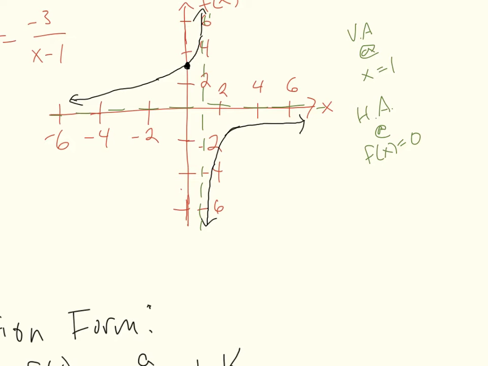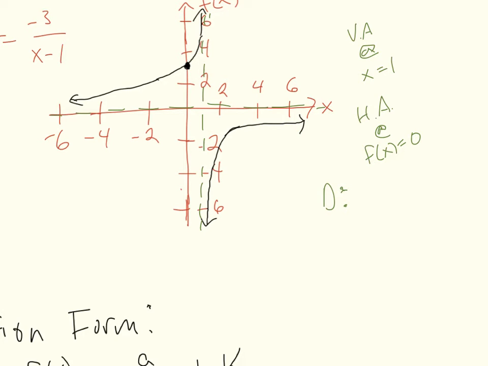Okay, now if we want to do domain and range, let's do domain. Well, domain is going to be all of our x values, and it goes from negative infinity all the way up to 1, and then it starts back down here and goes all the way to positive infinity.